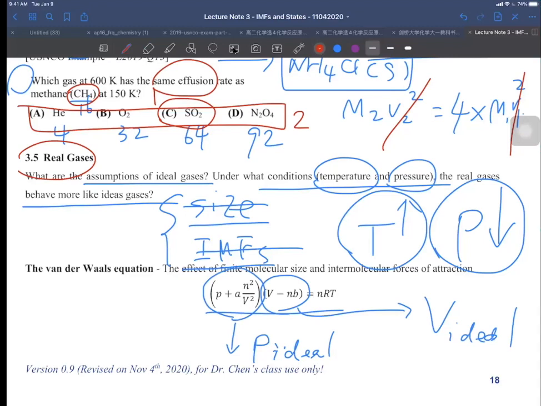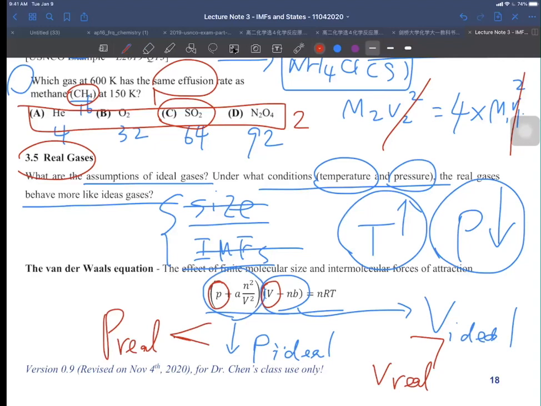So the pressure here and the volume here are the real pressure and the real volume. So based on this equation, we can say the real pressure is smaller than the ideal pressure, and the real volume is greater than the ideal volume, right? Does this make sense?